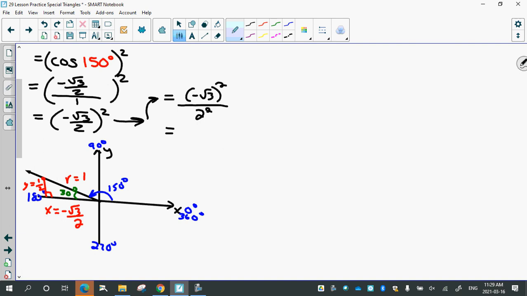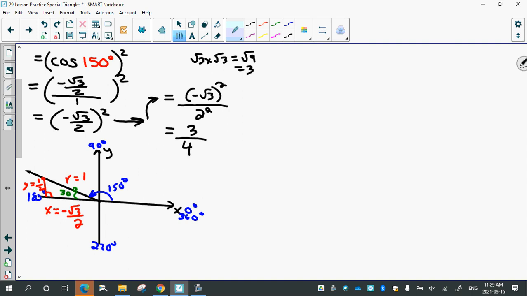Does that make sense to everybody? A negative times a negative is automatically a positive, so the squared gets rid of the negative. What's root 3 times root 3? 3. Good, it's the root of 9, which is 3. Another way to think of it is squared undoes square root. So I've got 3 on the top, and 4 on the bottom, 2 squared.